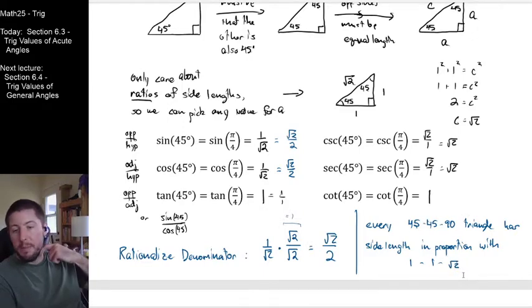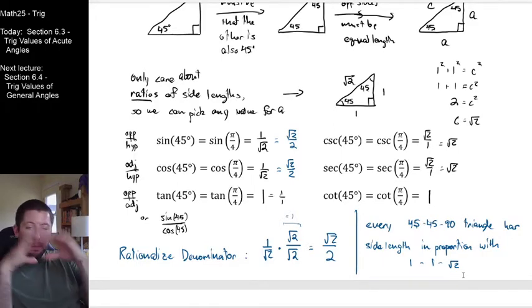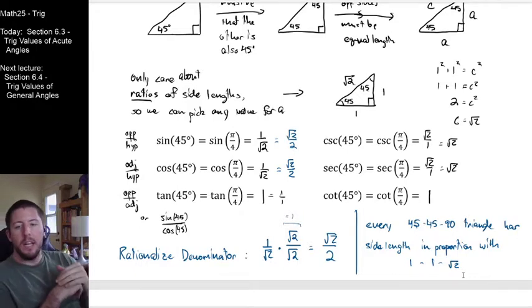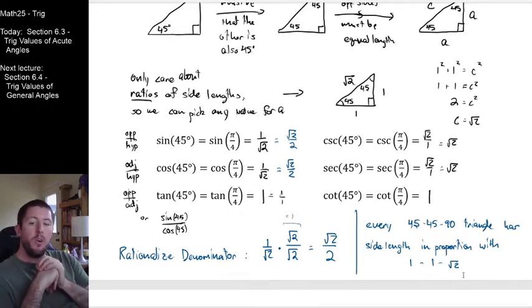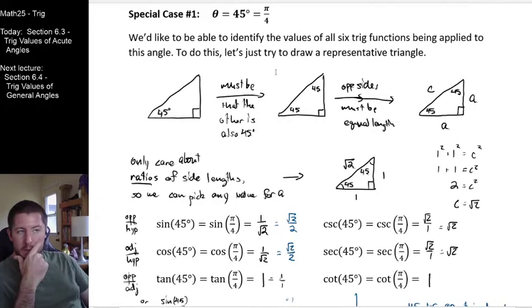That's always going to be the proportions of the side lengths of any 45, 45, 90 triangle, whether it's the biggest or smallest one in existence or just the one that's on the page right now. Those relationships between the leg lengths will always be maintained right there. We're going to be able to make some very similar statements for our next guys that we look at right here. So we're going to do a very, very similar thing to get our other special cases out here.